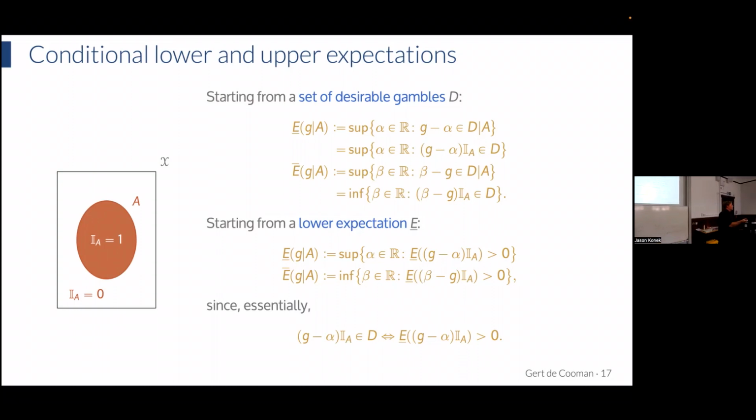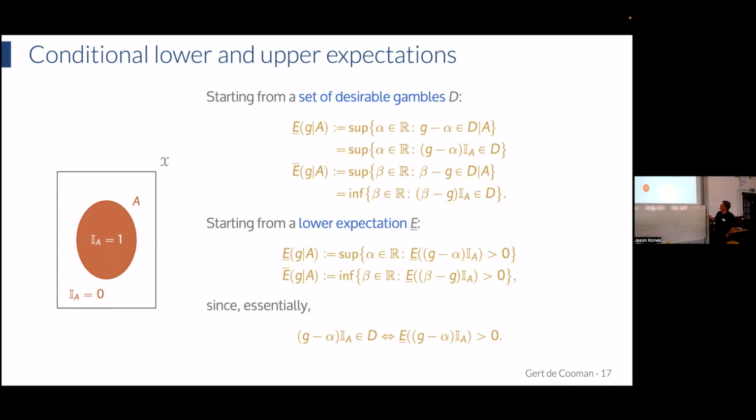As soon as I have a set of desirable gambles, I can define a lower expectation and an upper expectation, both conditional. This is where I start from a set of desirable gambles D. Suppose that I start from a lower expectation, then what I could do is look at the strictly desirable gambles. The strictly desirable gambles are the ones which have strictly positive expectations.